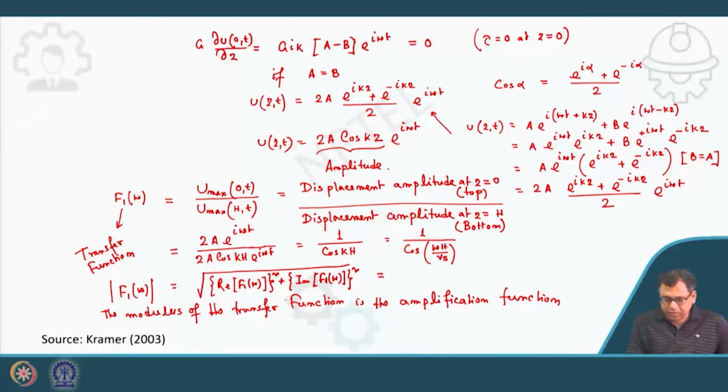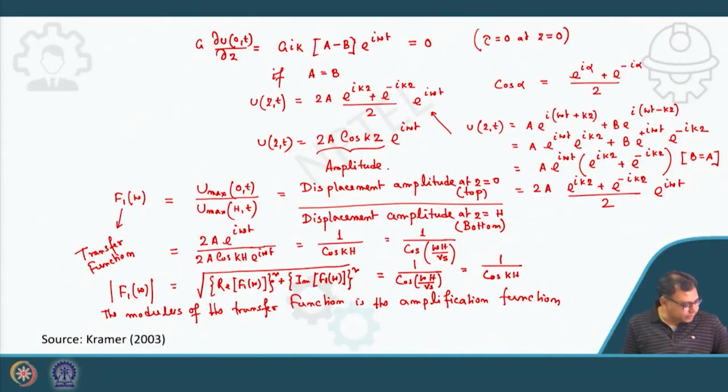Here it is only the real part squared, so the same value will come here, or 1 by simply cos kh.